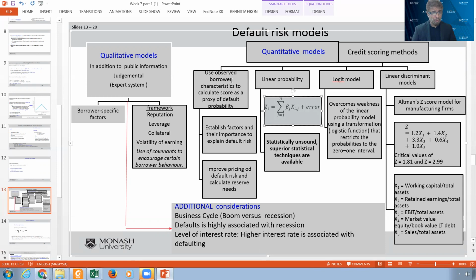Also, in this model, we use the data to develop this model. We use observed borrower data. So if the borrower comes to us, we use the observed characteristics to calculate those scores and calculate the proxy of default probability. So we will have a default probability benchmark.